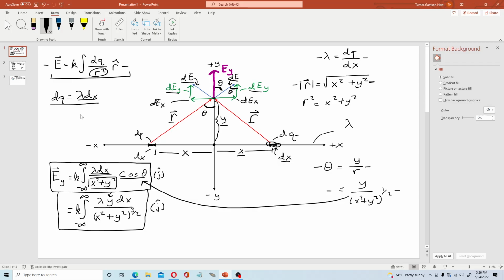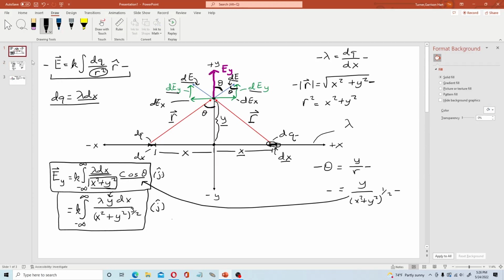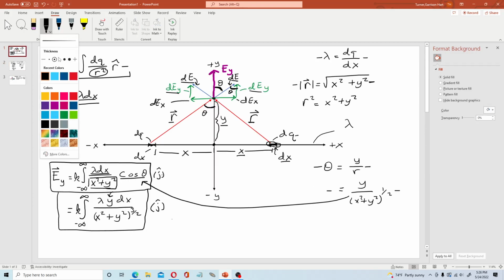I'm going to use what's called a trig substitution. So, remember, we're going to define tan theta to be x over y. And we're getting this from this triangle right here.